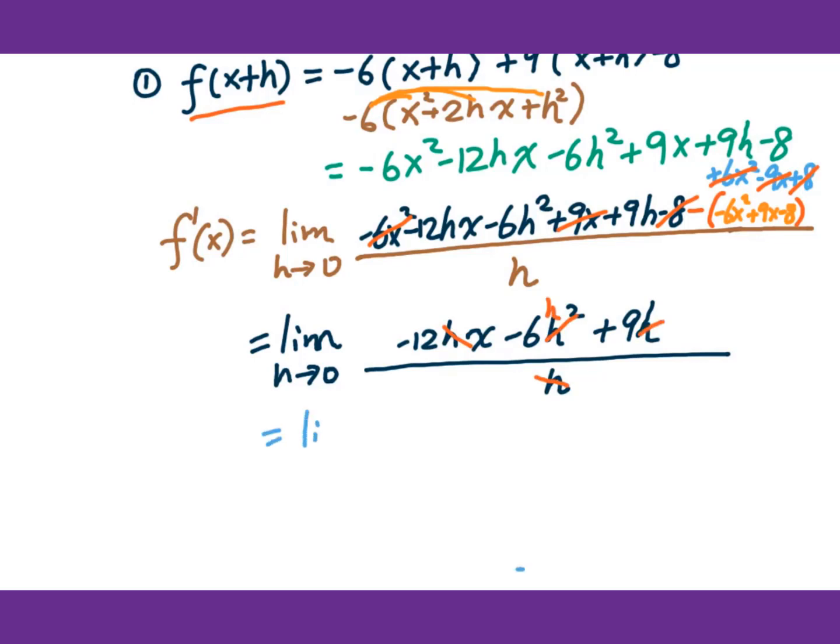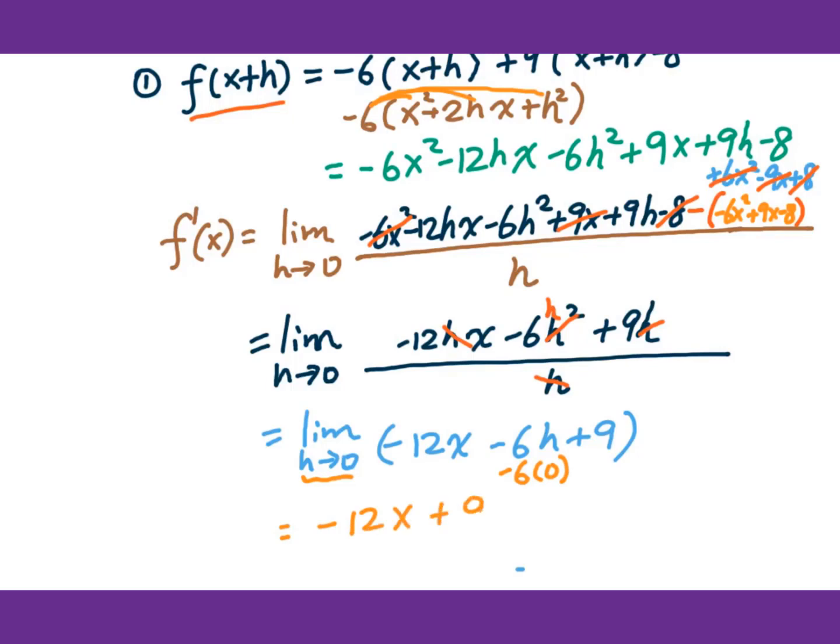You will get the limit as h approaches 0 of negative 12x minus 6h plus 9. Then we got to do the operation of this limit. We plug h equals 0 to here. Then you got negative 12x plus 9 because this will go to 0.